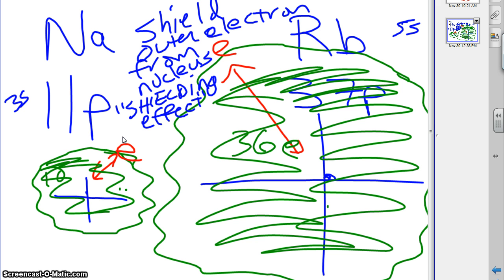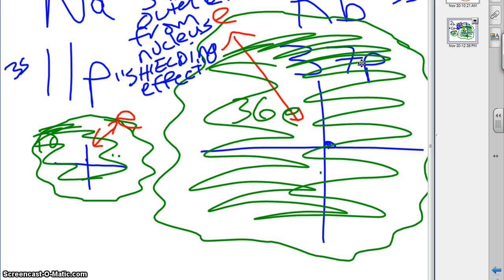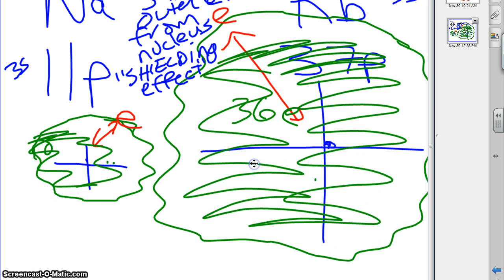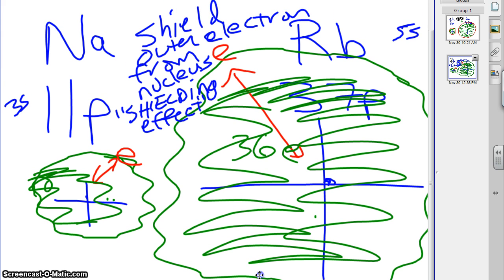So in other words, as this nucleus tries to pull this electron, those core electrons get in the way. And so does this, but there's not as many core electrons getting in the way, so this gets shielded more than that. Rubidium gets shielded more than sodium. Therefore, it actually is easier to pop that guy off than that guy.